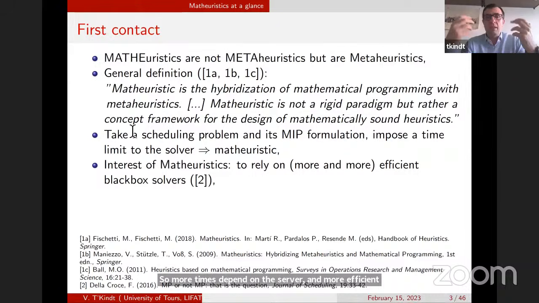That's the big advantage. If you can design a heuristic which leverages the IP solver, but reasonably in terms of time, then you may get something really efficient, and that will become more and more efficient in the future without changing any line of code.